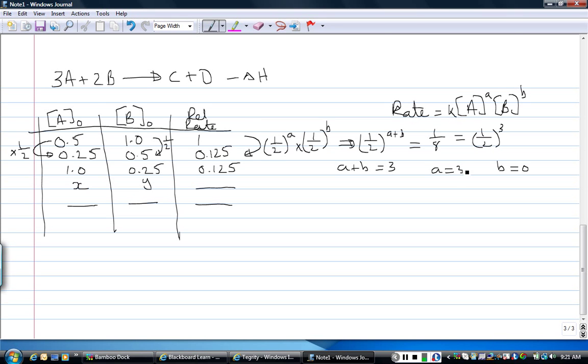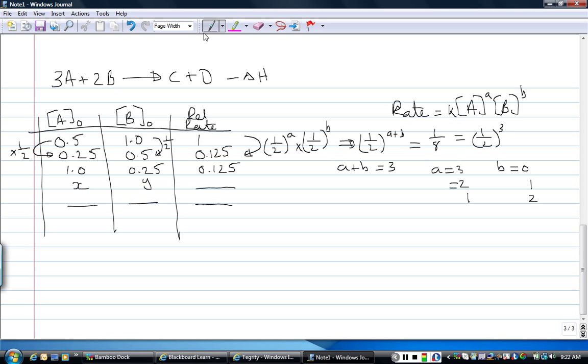So this is a perfectly reasonable option. a could also be equal to 2, and therefore b can be equal to 1, and that's allowed. a can be equal to 1, and b can be equal to 2. But I cannot have an option where a is equal to 0 and b is equal to 3. I can't because the coefficient of B in the equation is 2. 2 represents the upper limit of the order of the reaction. So these are my three options for the orders of A and B.